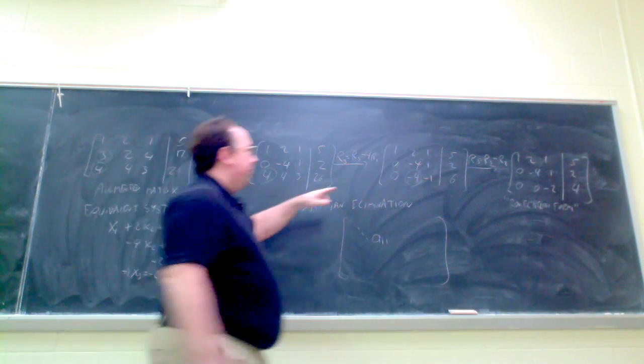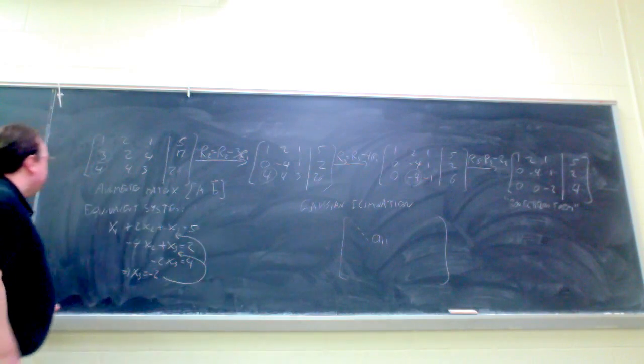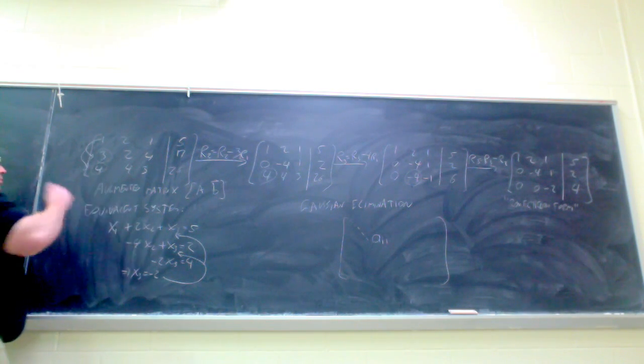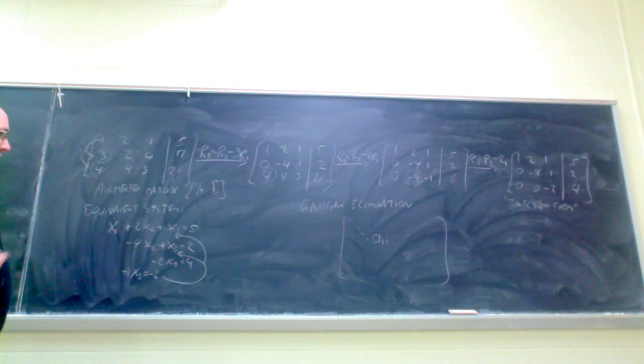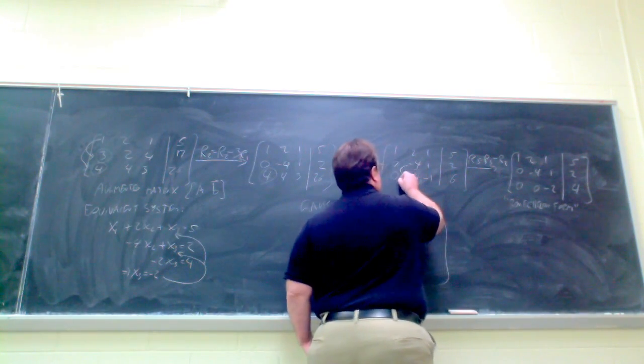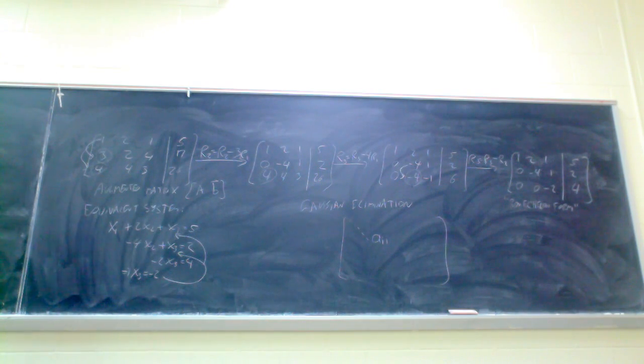When we need to zero an entry in the second column, we're using the second row. And it's the interplay between the diagonal elements and elements in the same column below it that determines which multiple of a certain row to subtract from another.